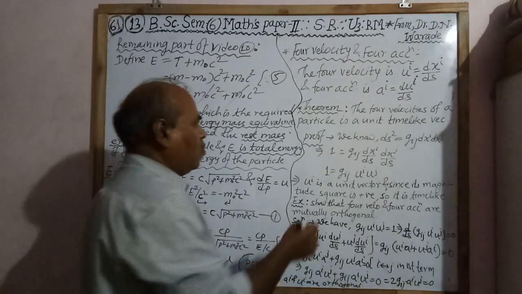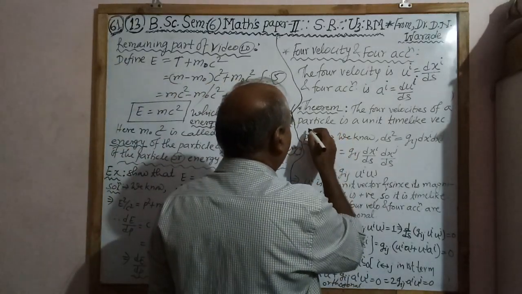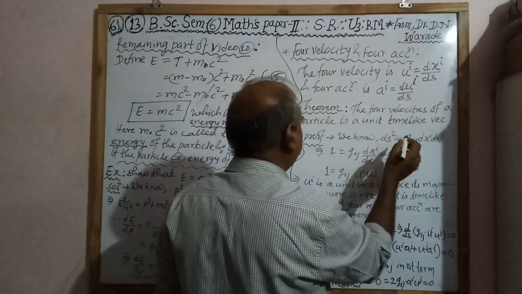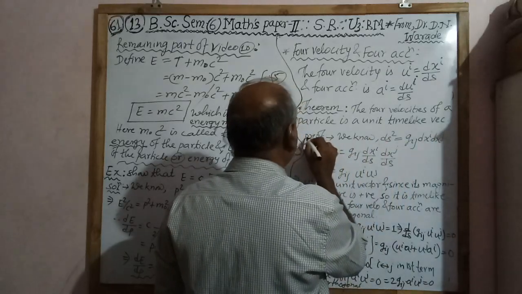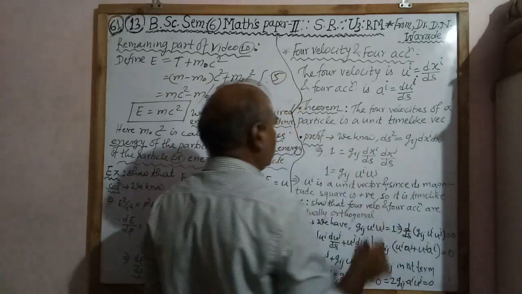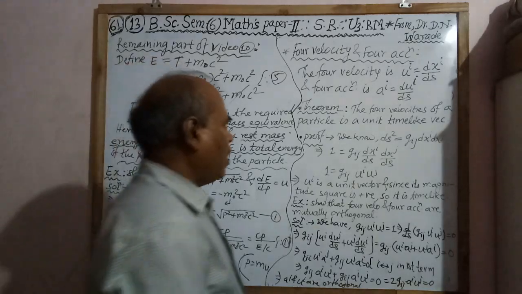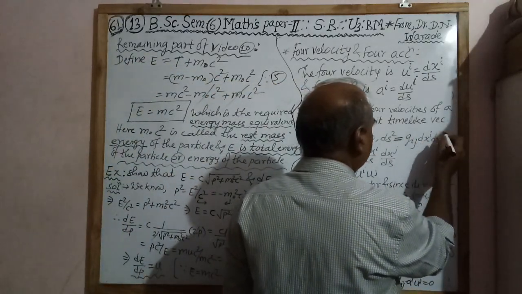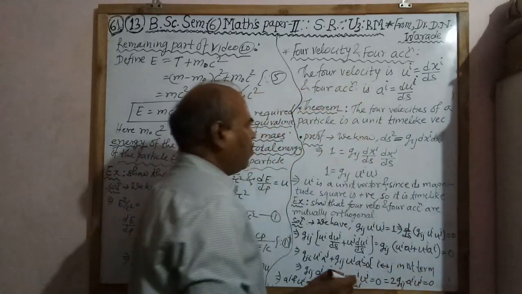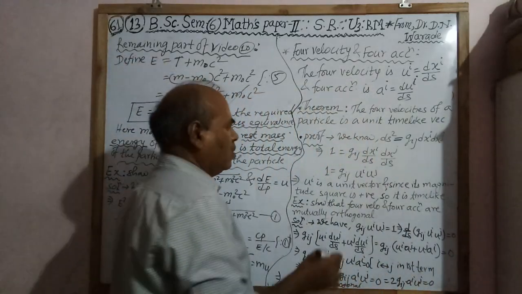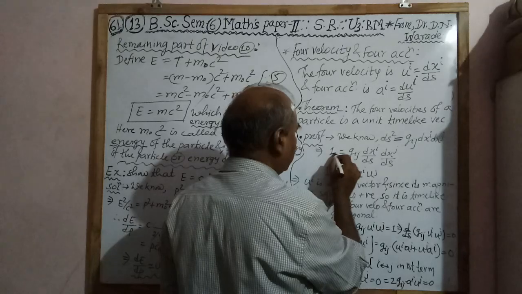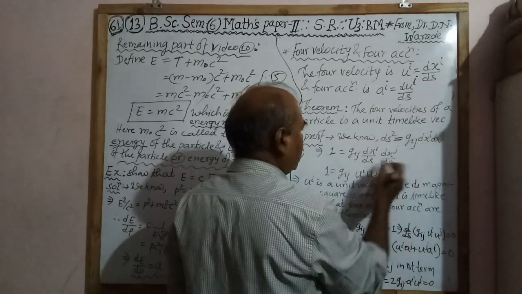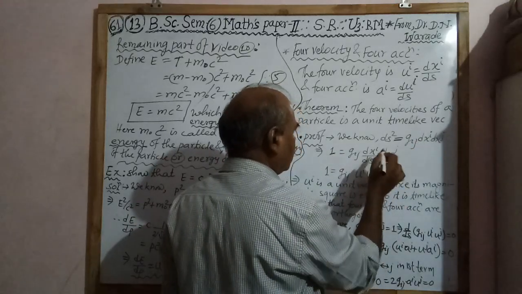Then the theorem: the four velocity of a particle is a unit time-like vector. Therefore we see the proof of the theorem. We know that ds square is given by ds square equal to g_ij dx^i dx^j. Dividing by ds square on both the sides, we get 1 on the left.